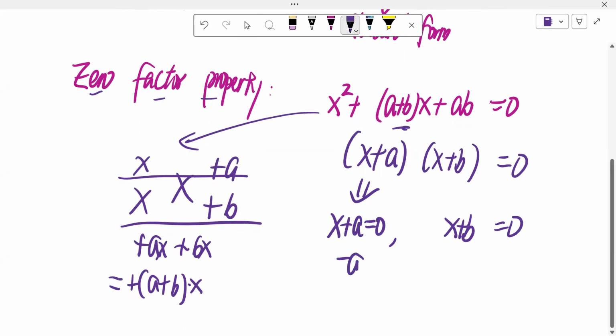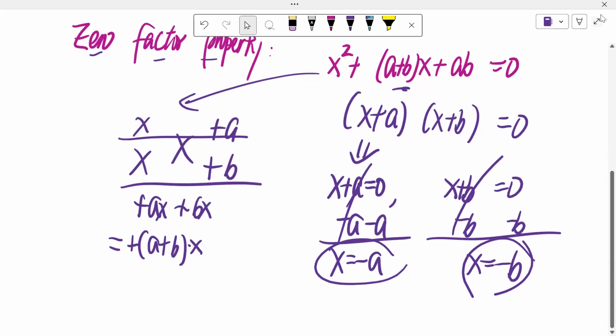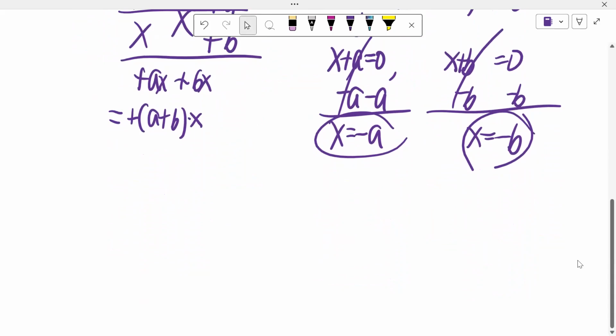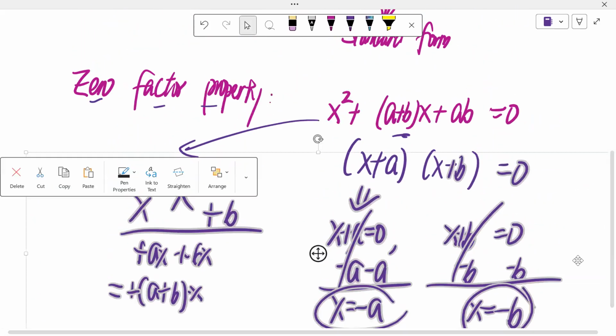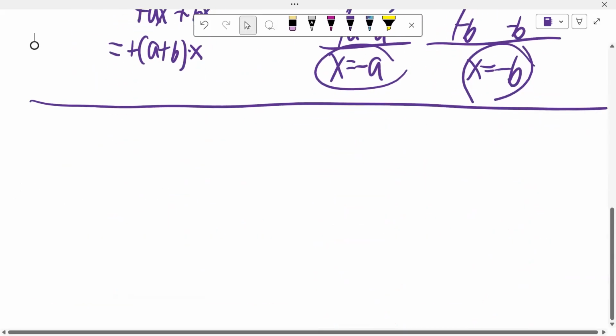We get x equals negative a, and x equals negative b. So basically, we end up with two solutions. Here we are assuming both a and b are numbers, right? Let's look at how we apply this with real numbers.